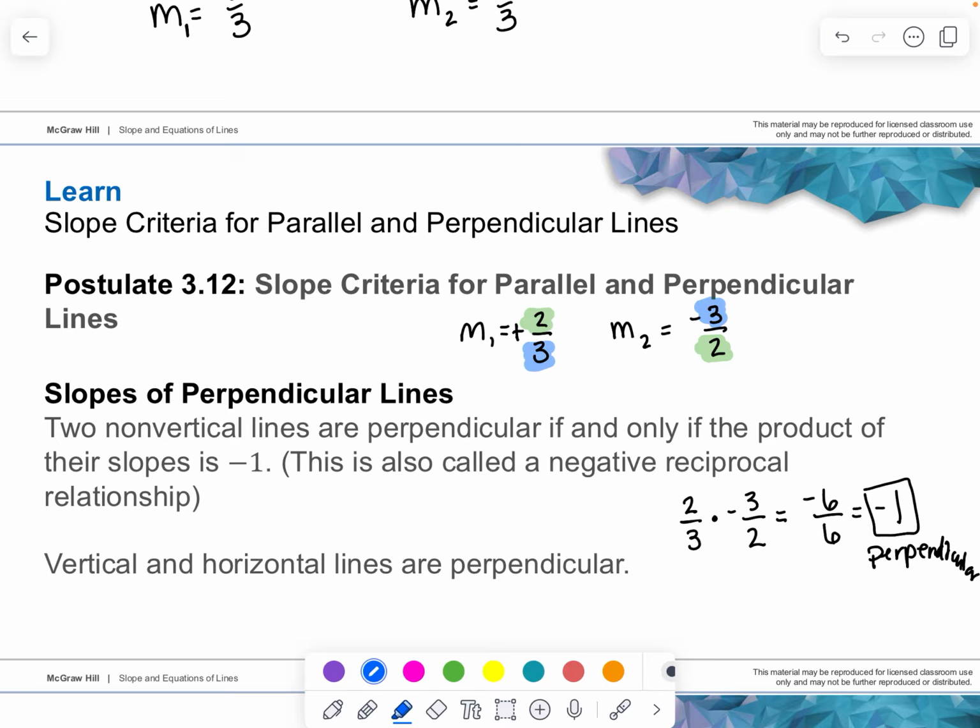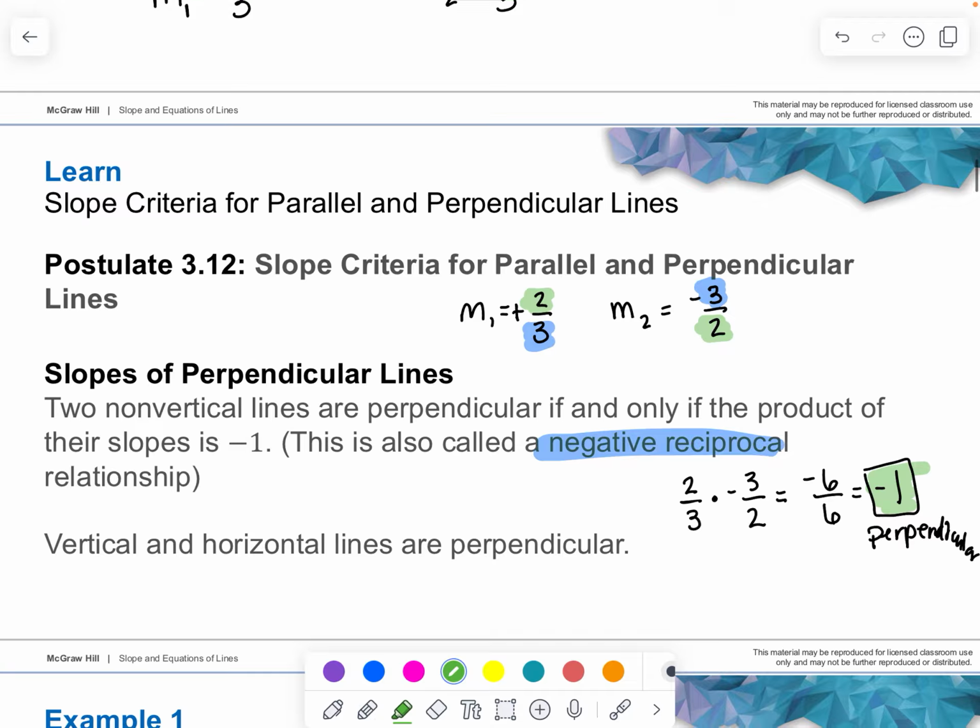That's called a reciprocal relationship, where the numbers flip from top to bottom. So negative reciprocal, that's what this is. They change sign and they flip. So perpendicular slopes will change sign and flip. And when you multiply them together, they will end up with a product of -1 when you simplify them. Okay?